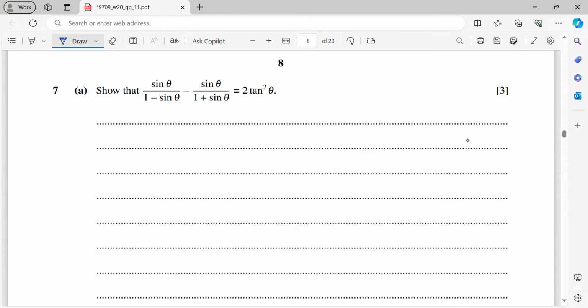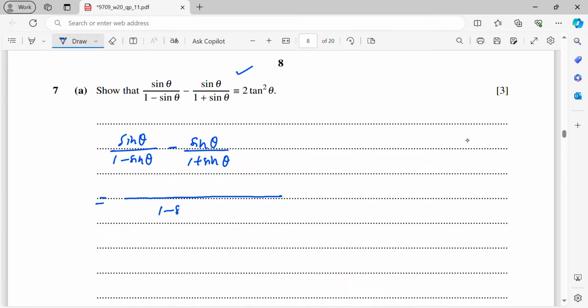Question number 7a. Show the identity. Since the left side has two terms, I will start from the left hand side. So now sine theta over 1 minus sine theta, minus sine theta over 1 plus sine theta. For the denominator, I will combine both denominators first.